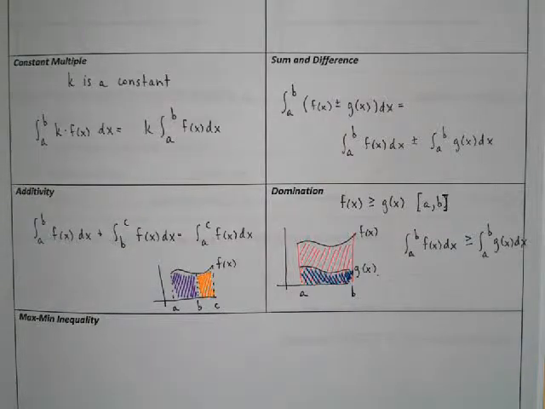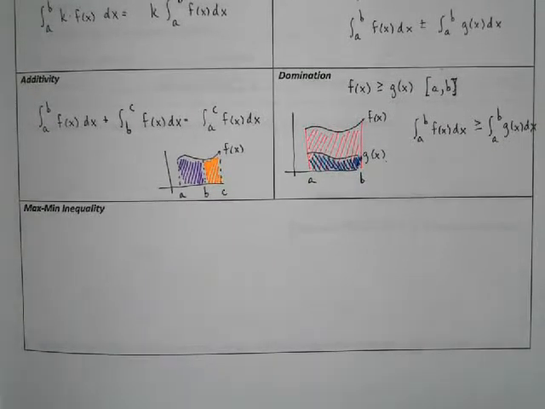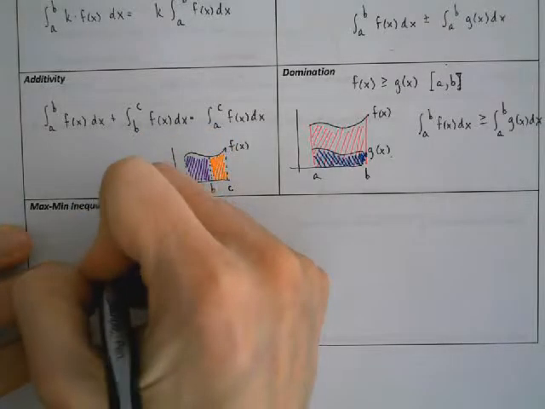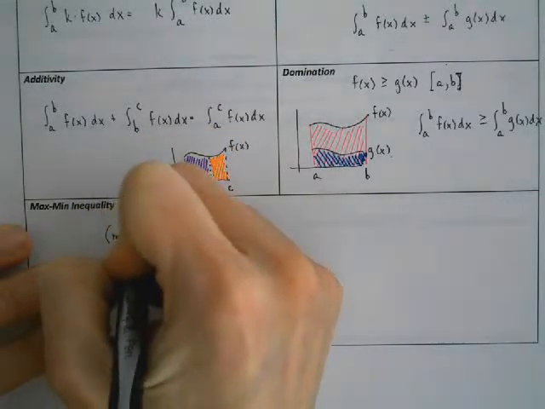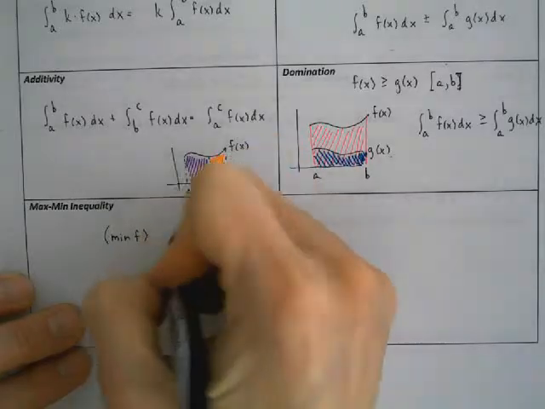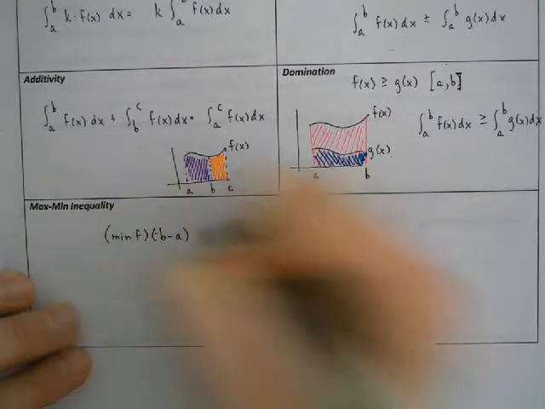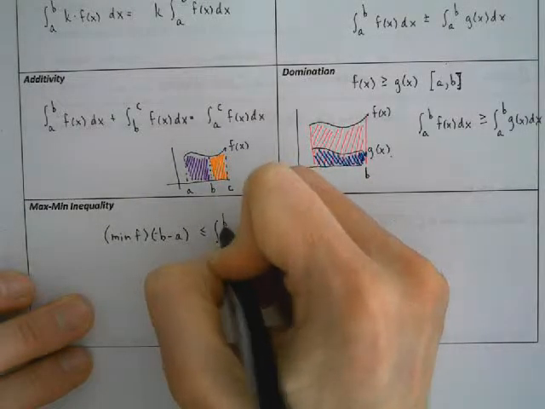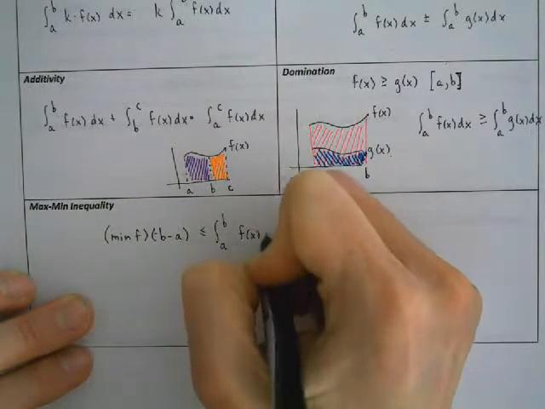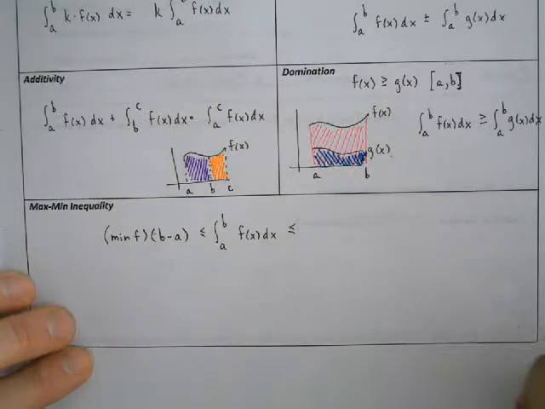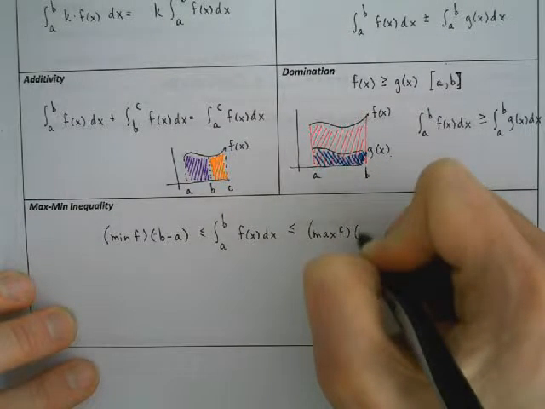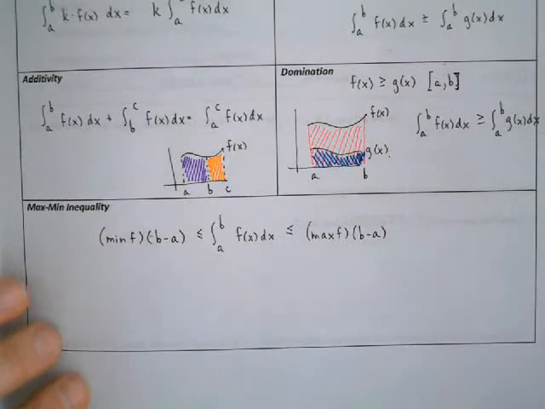All right, so our last property is called the max-min inequality. And here's what this says. I'll write it and then we'll kind of look at what this means. So if I take the minimum value of f times the interval of b minus a, that's going to be less than or equal to the integral from a to b of f of x dx, which is going to be less than or equal to the maximum value of f times b minus a.